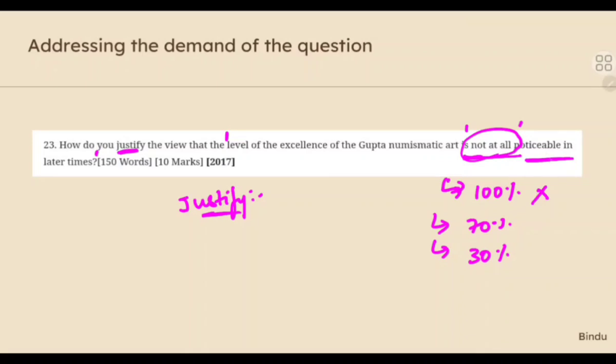Exception in the sense: is the statement given 100% true or not? There is an exception for it. The statement which is given is not absolutely true. Your points should consist of both things. That is what justify means here.